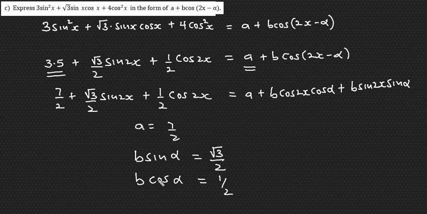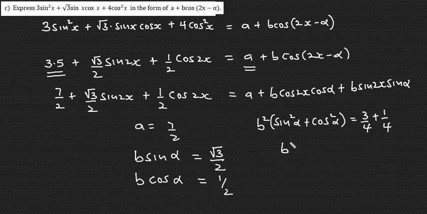So to get b, I'll need to square both sides and add, and when I do that I'll get b squared into sin squared alpha plus cos squared alpha, giving us 3 over 4 plus 1 over 4.